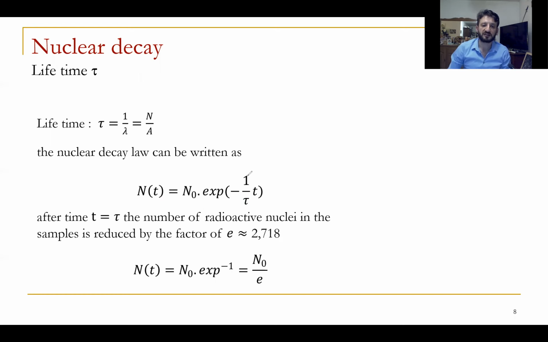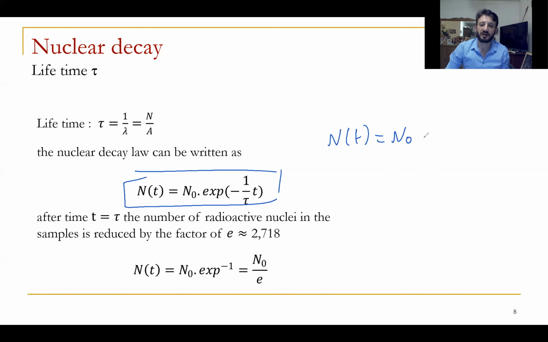Just I put here the value of lambda. Now we have this relation. At any time you can write N(t) in function of N0 exponential minus t divided by tau.